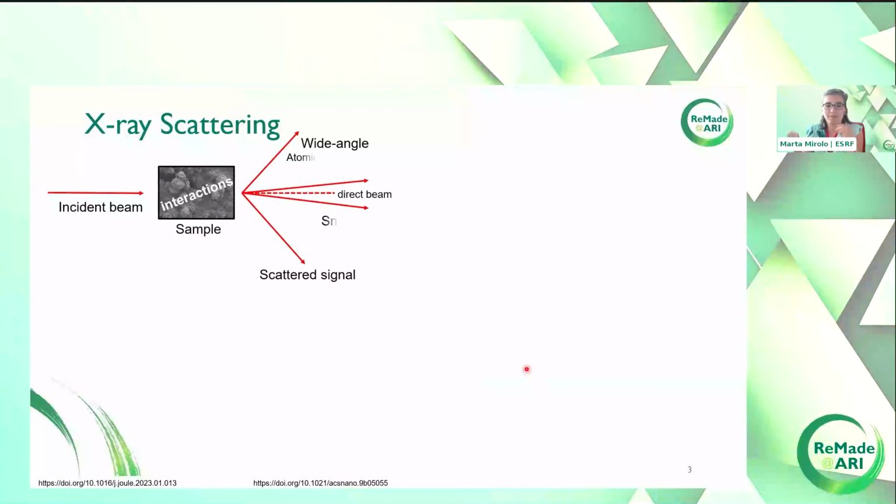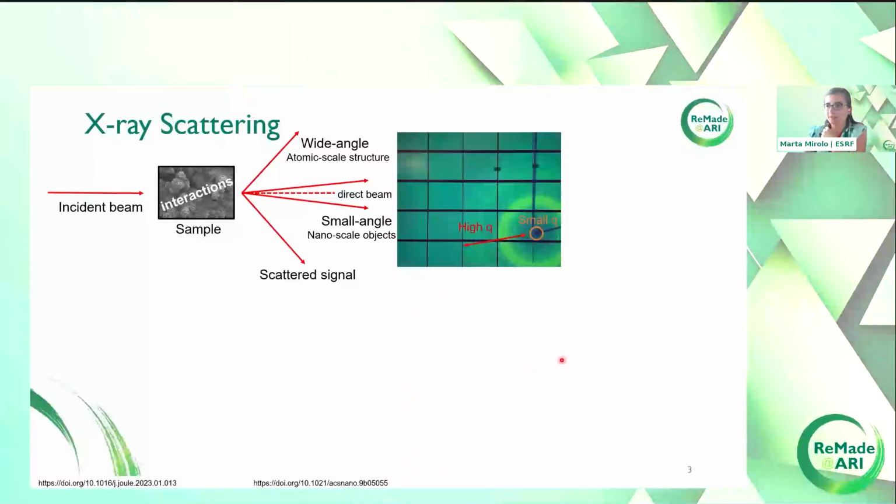How does it work? We have the incident beam, so our synchrotron X-rays interact with the sample and we record the change of angle between the incident angle and the interaction with the sample. This change of angle can be small, so we are looking at small angle X-ray scattering, which gives us information about big objects, because we are looking at the reciprocal space.